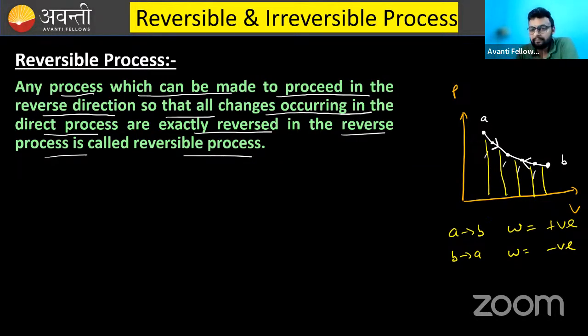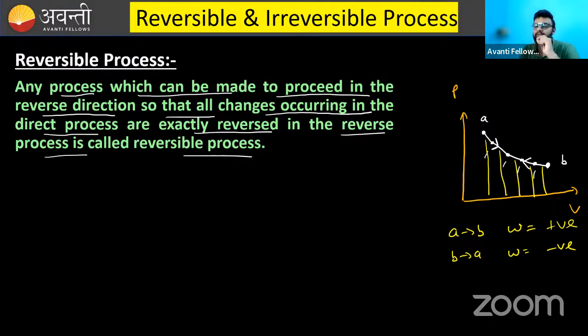So work done will be the same from A to B or from B to A. Is it clear? Now, if work done is the same, then can we conclude that there is no loss of energy in the complete process?